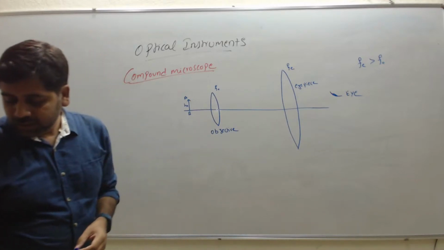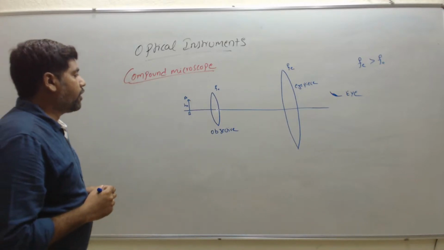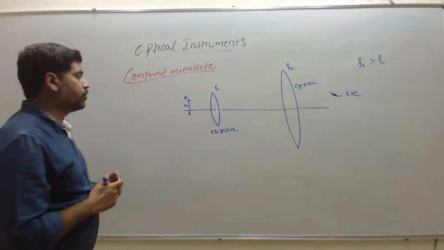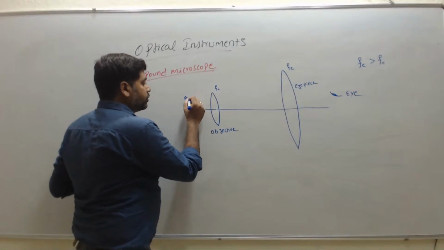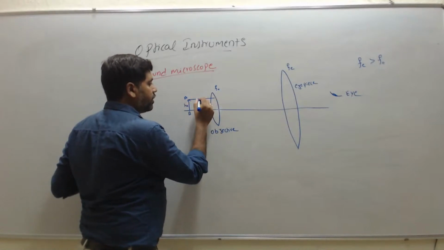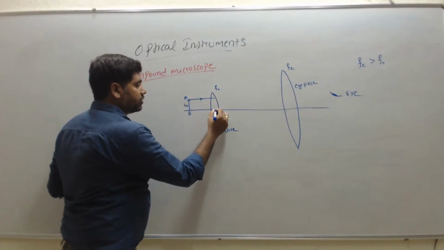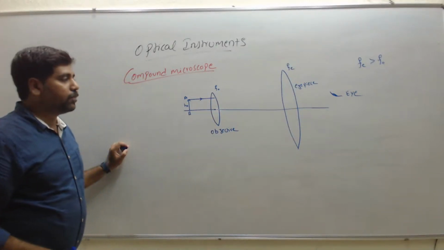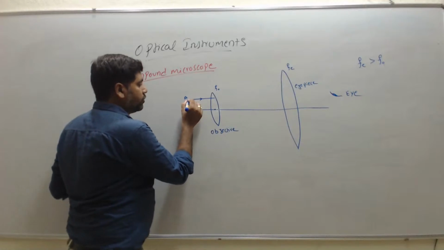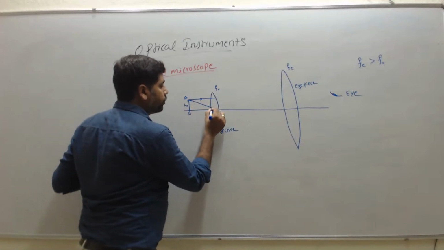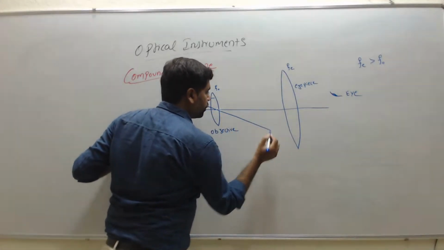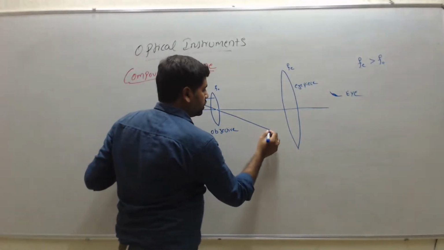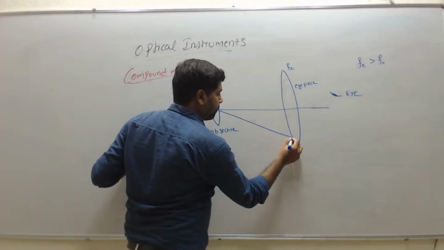Next we find the image formation. Here is the object. To find the image, we are going to consider two rays. One ray is parallel to the principal axis, and another one is passing through the optic center.